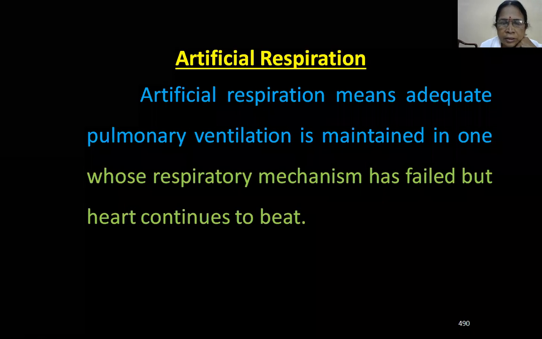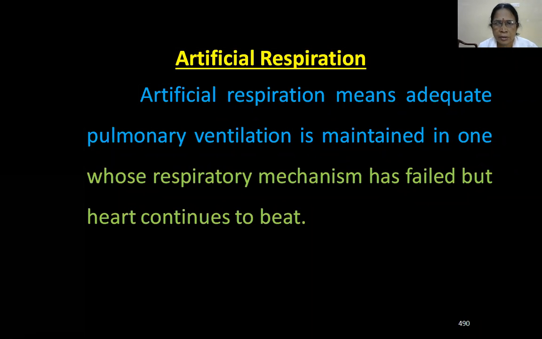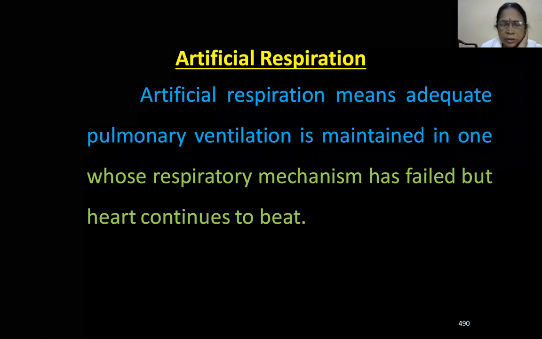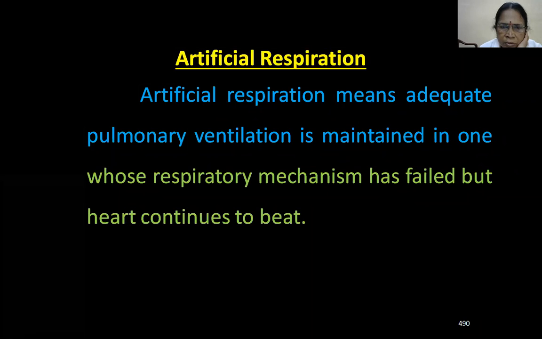Artificial respiration means that we have to maintain adequate pulmonary ventilation. It is for patients whose respiratory system is not working continuously, but the heartbeat is okay; respiration is not maintained properly.